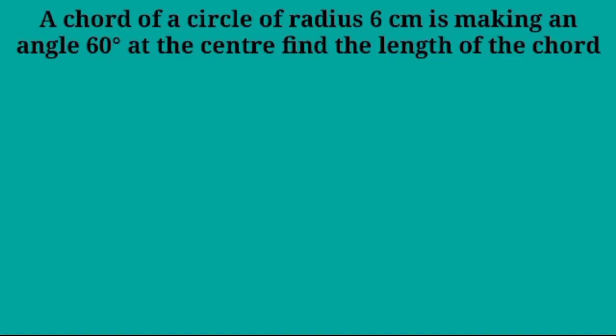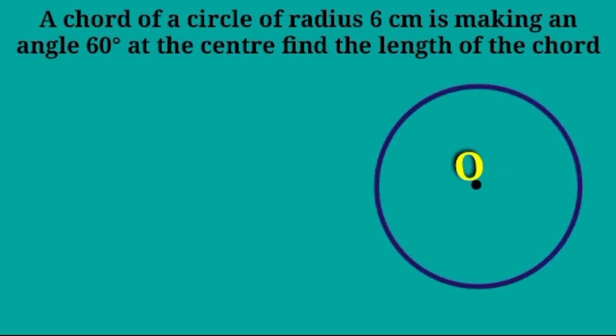A chord of a circle of radius 6 centimeters is making an angle 60 degrees at the center. Find the length of the chord. Draw a circle with radius 6 centimeters. AB is the chord.